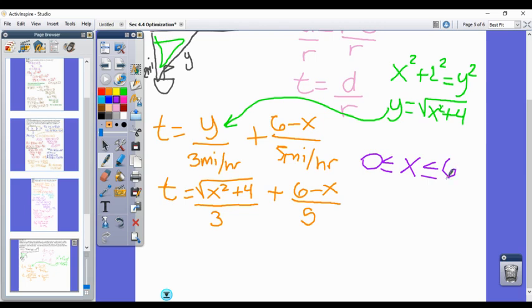Okay, so I'm going to end up needing to take my derivative. This one's going to be nice and easy because essentially the 6/5 is just going to go away since it's a constant, and I'm going to be left with negative 1x/5, and the derivative of that would be negative 1/5. Okay, so this is going to be negative 1/5.